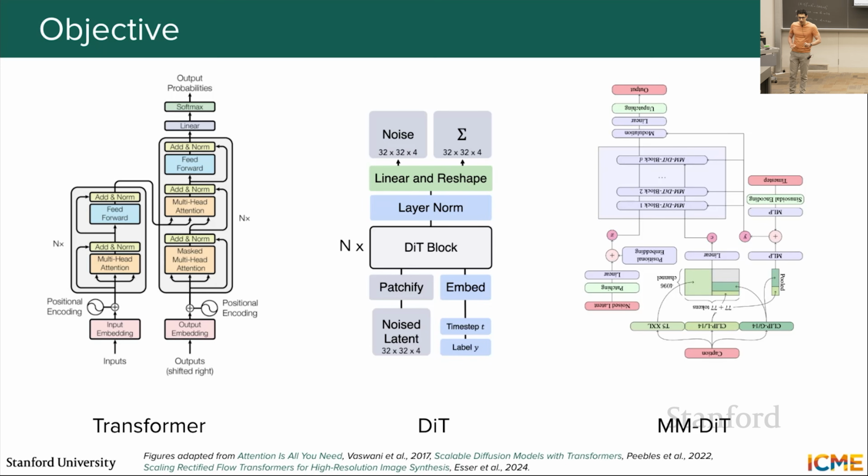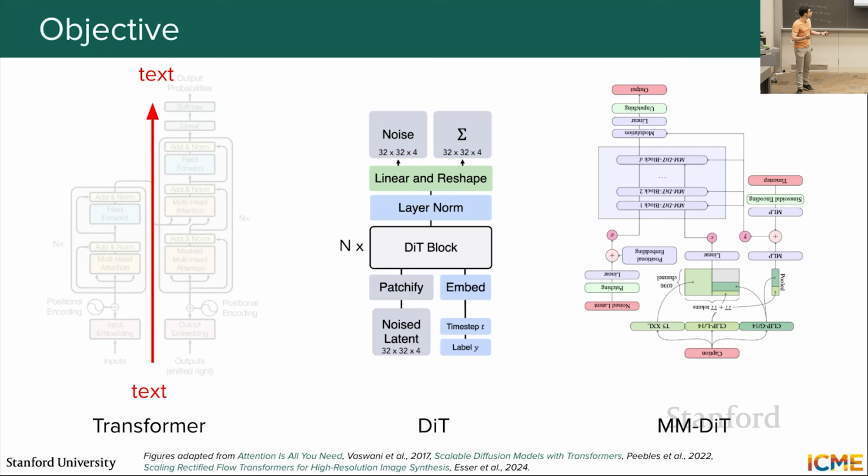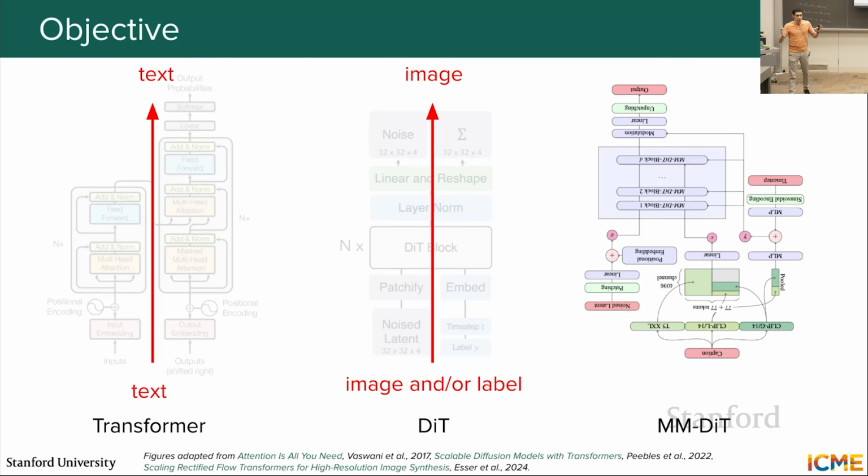We saw the transformer at some point, which transforms bits of text to text. So this is not something that we can use out of the box. We saw DiT, where based on latent noise and potentially a condition, you could generate an image. So here it's a generation of images. This is also a kind of model that we cannot reuse as is.